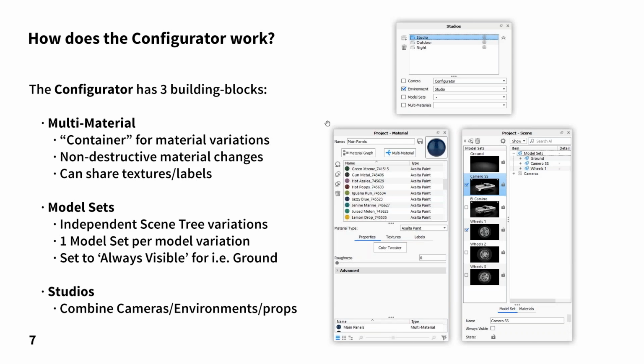So the first one is the multi-material, which we can see here, and this is basically a container for all your different material variations, and this allows you to do non-destructive material changes. And one huge benefit of this multi-material is the ability to share textures and labels in between those materials.